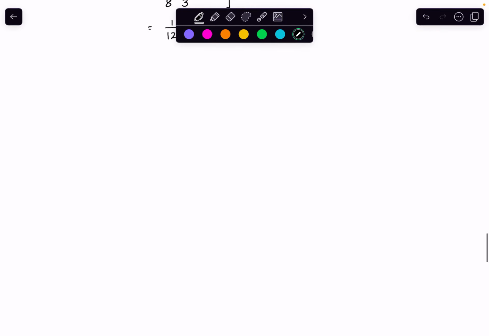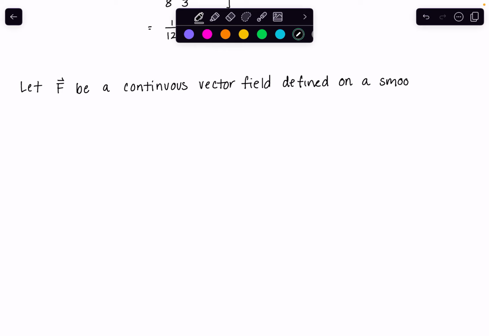So our last thing is a definition and an example. So we're going to let F be a continuous vector field defined on a smooth curve C, given by some function r of t, where t varies between the values a and b.